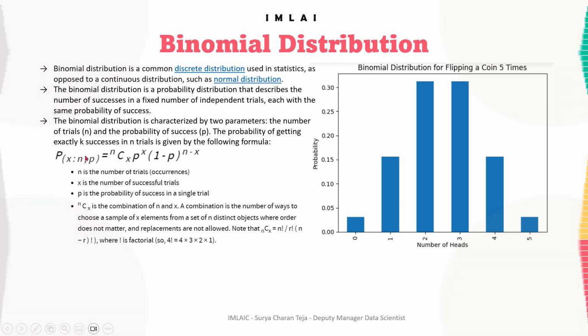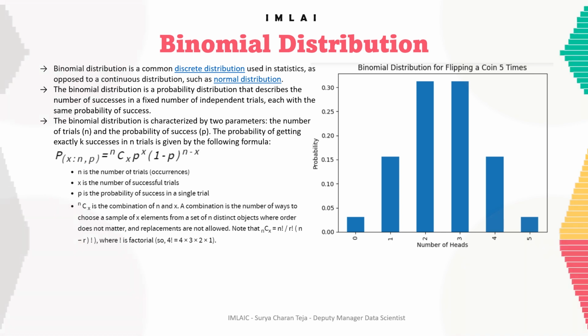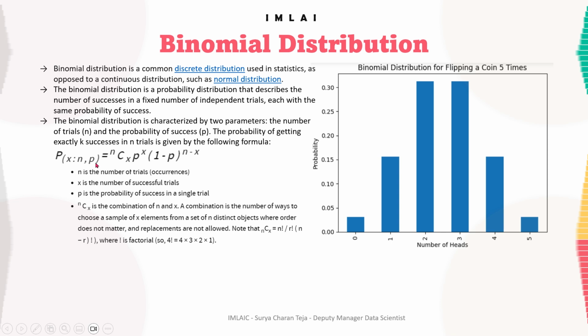The probability of getting exactly x successes in n trials, given that the probability of success in a single trial is p, is calculated by this formula. I hope you got my point.